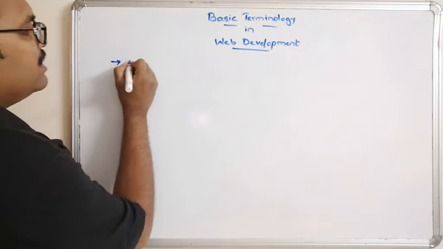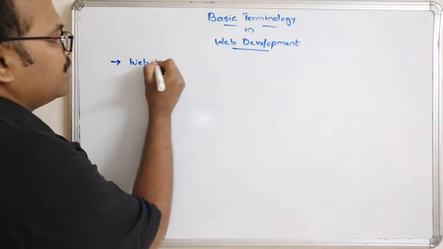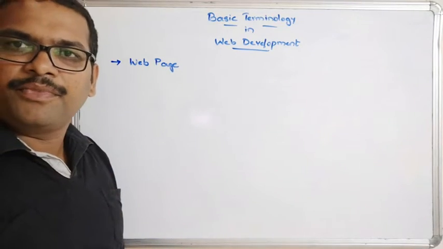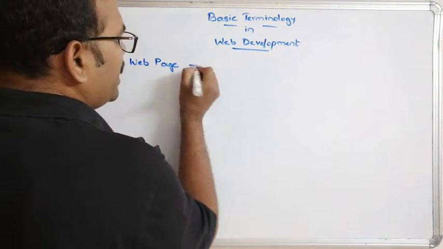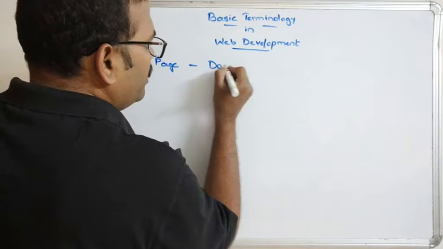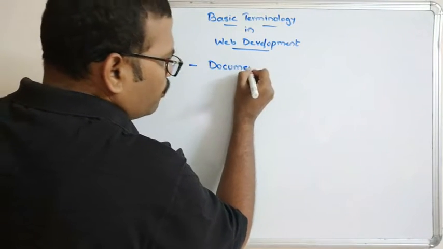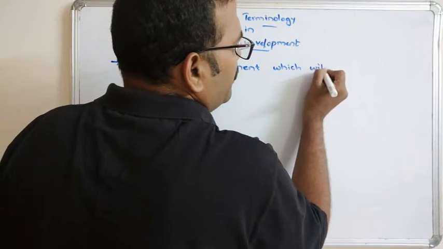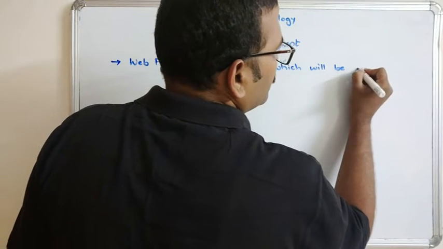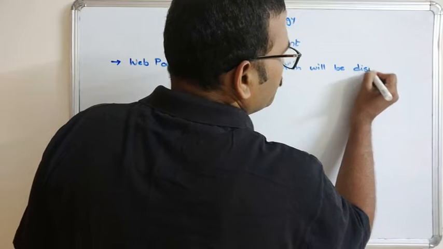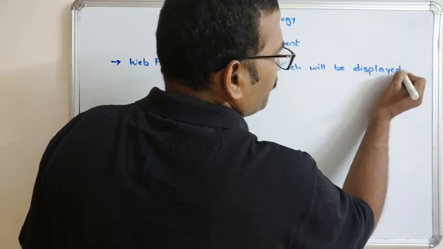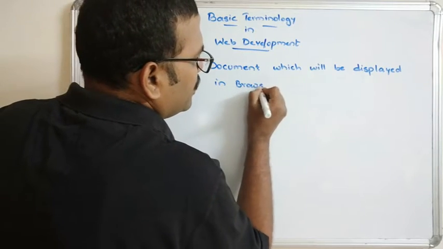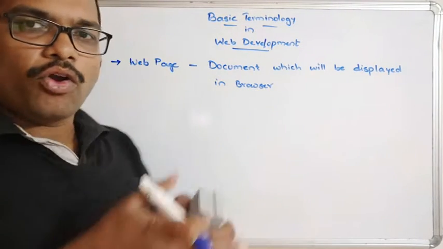The first one is a web page. So what is this web page? This web page is a document which will be displayed in a browser.